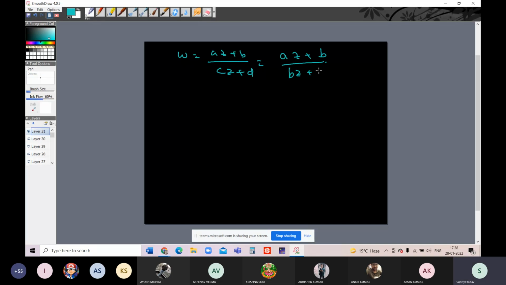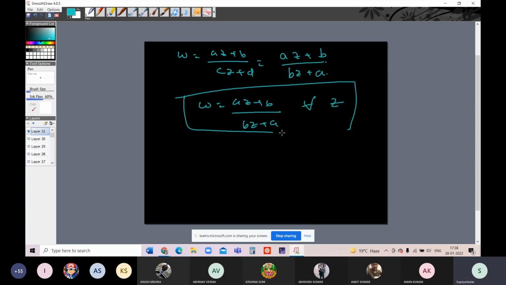So this gives az plus b upon bz plus a for all z. This is the map whose fixed points are 1 and minus 1. So this is the bilinear map whose fixed points are 1 and minus 1. So this is one way of doing it.